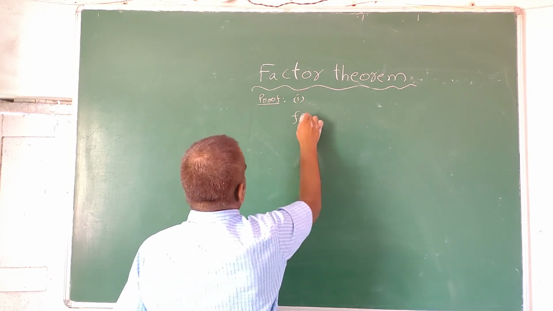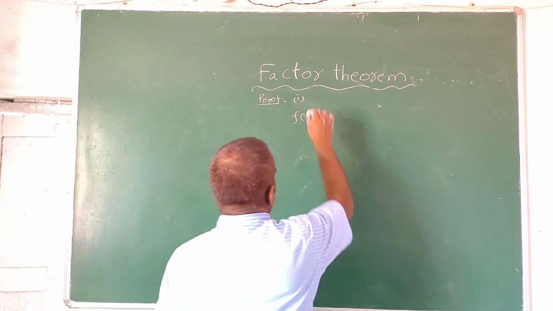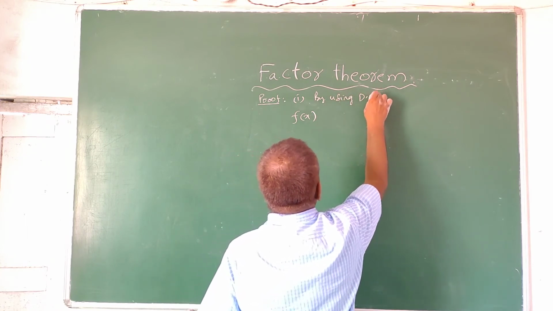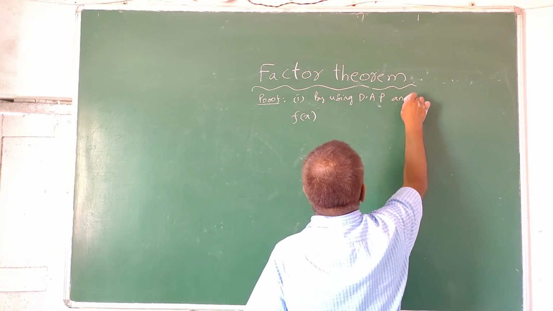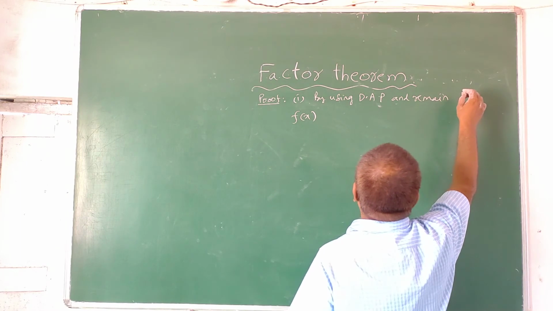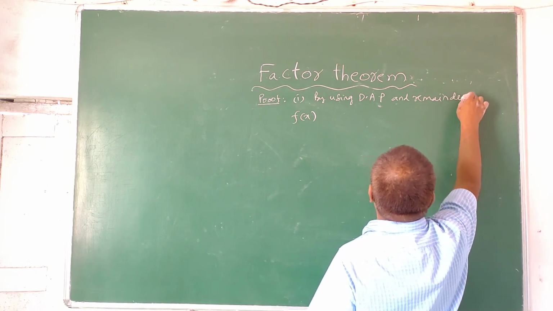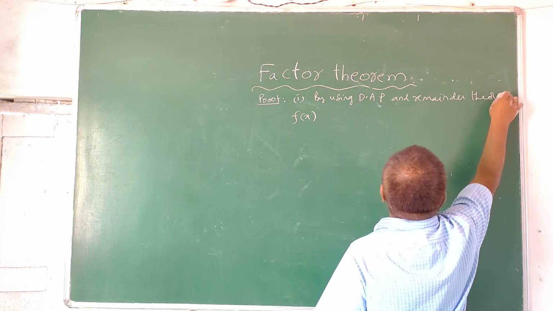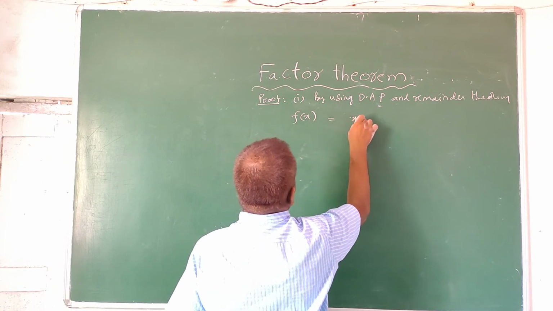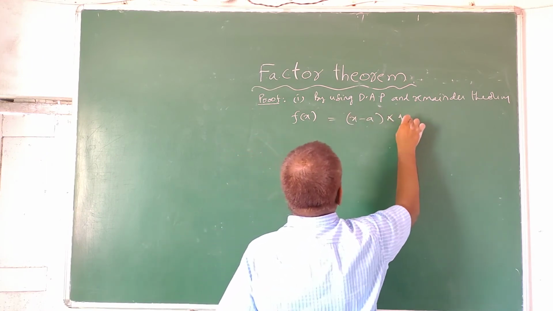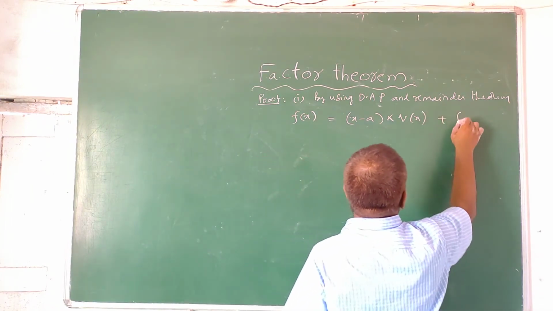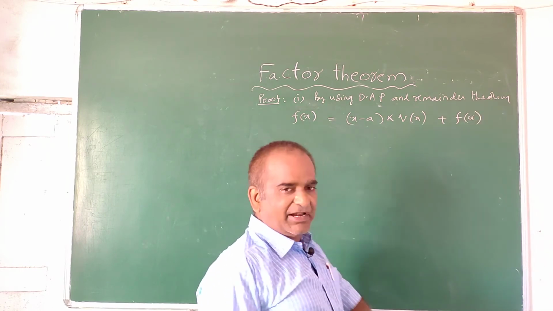So f of x, by using division algorithm of polynomials and remainder theorem, both in combination I am using, you get f of x is equal to, are you following? x minus a into q of x, q of x is quotient, plus f of a is remainder by remainder theorem.